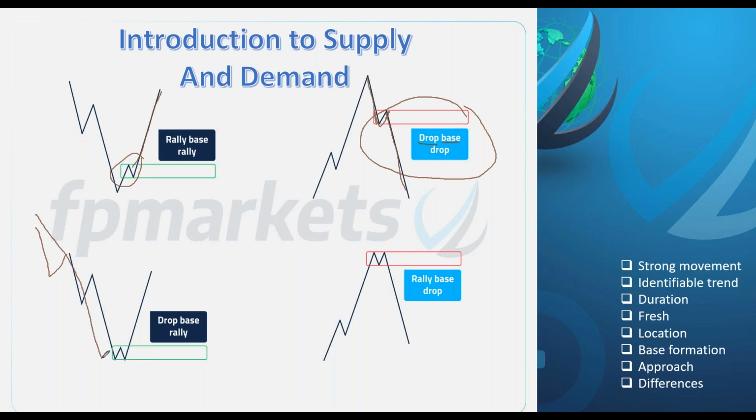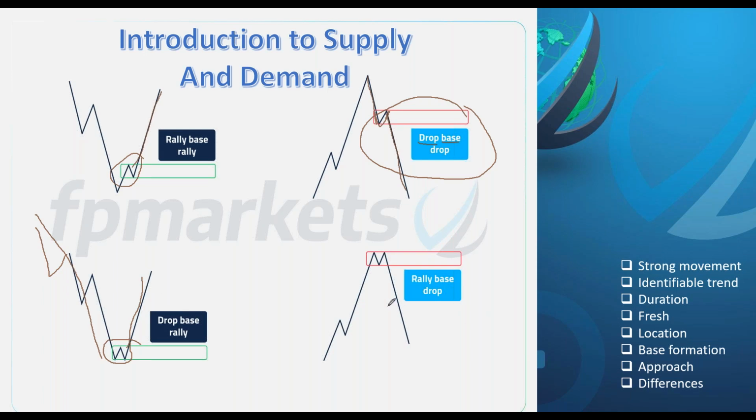This is the drop, which transitions into a base at this point here. Sorry for my drawings, guys. So this is a base. And what happens then is we transition into a follow through to the upside. It's at this point we know we have a drop base rally, and that's what we're working with.